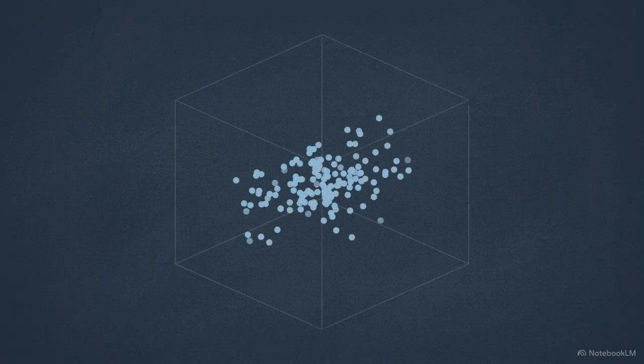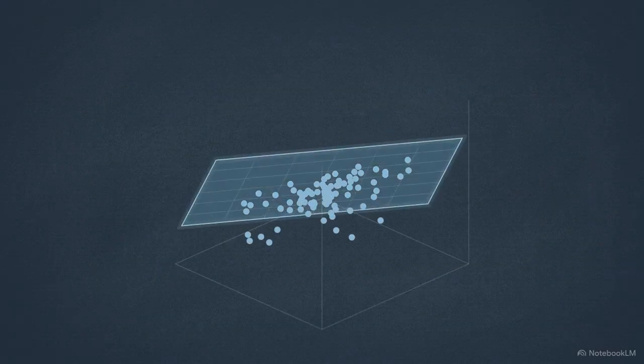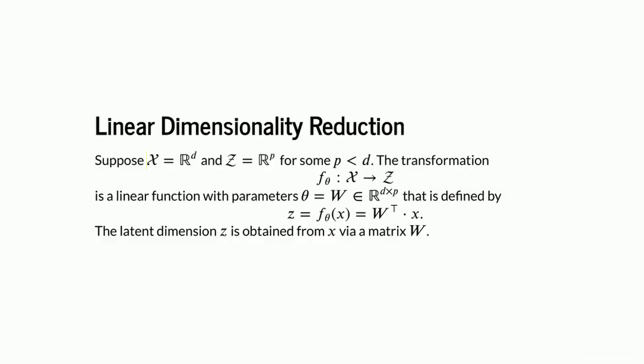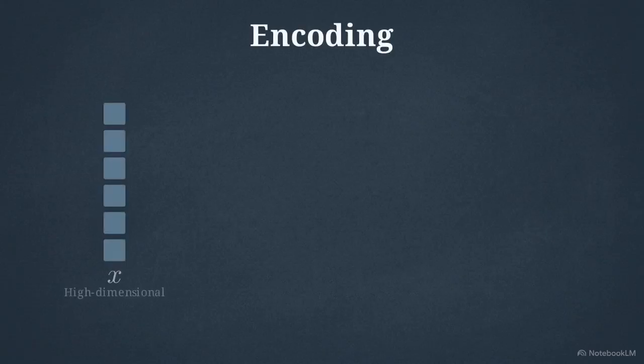PCA assumes that high-dimensional data points naturally live close to a lower-dimensional linear subspace. We define a formal linear transformation from our original high-dimensional space, X, to a compressed latent space, Z. This transformation is defined by a parameter matrix, W. The process begins with encoding.